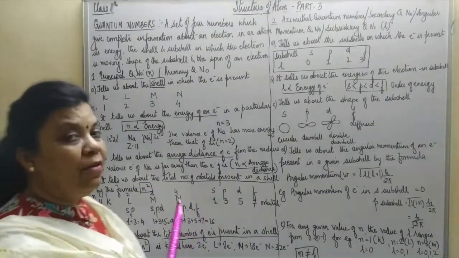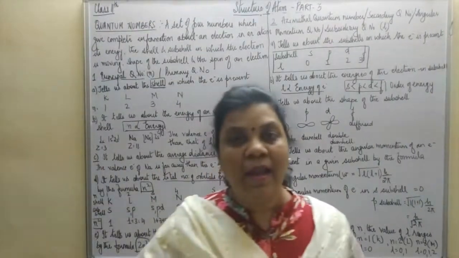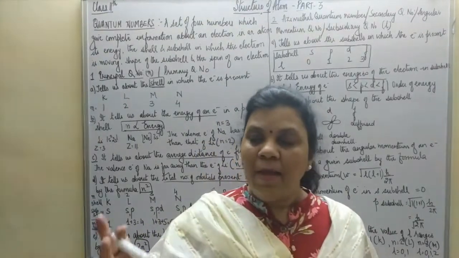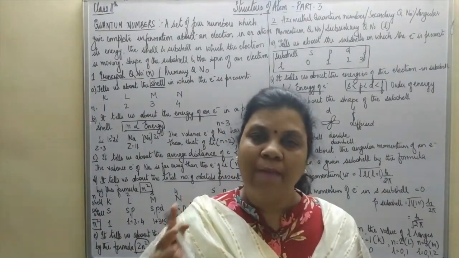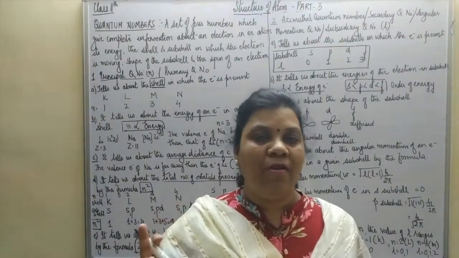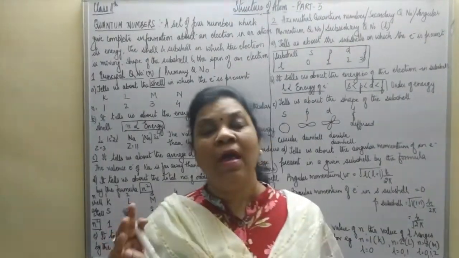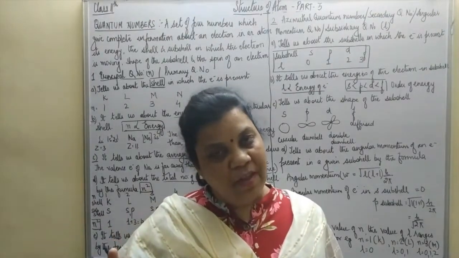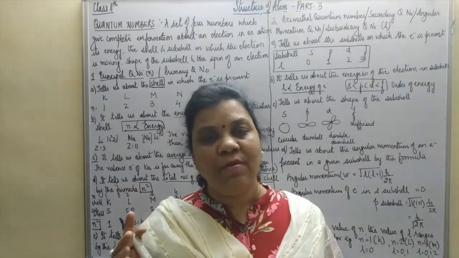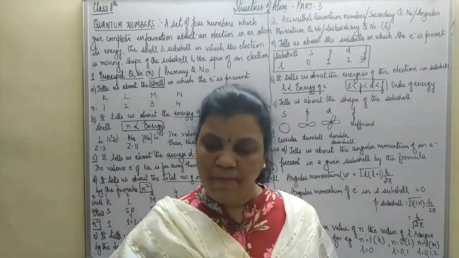So these were the different significance. In a nutshell, let us revise the significance of the principal quantum number. Number 1, it tells us about the type of shell, whether K, L, M, N, in which the electron is present. Number 2, it tells us about the energy of the electron in a shell. You have to remember n value is directly proportional to energy.